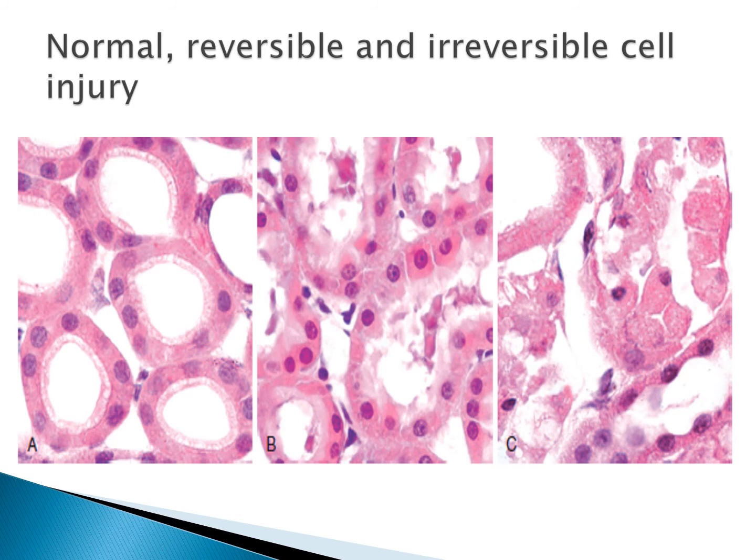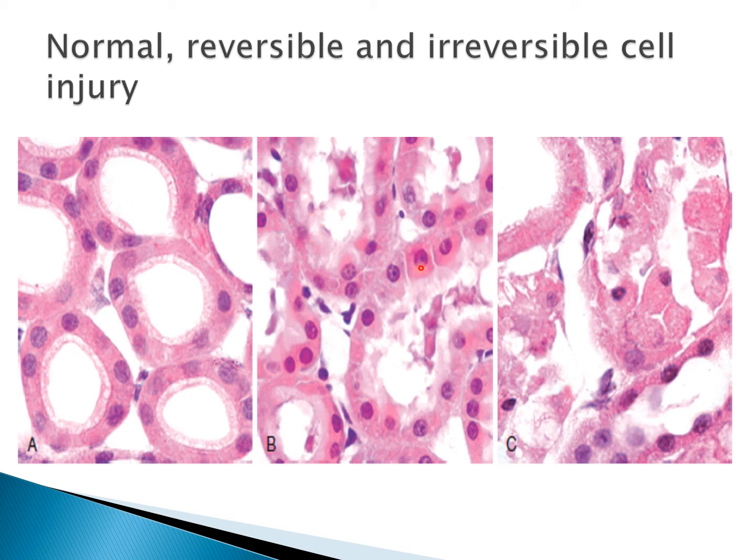So you can see here at the microscopic level, this is a section from the kidney to compare the normal kidney tubules with the reversibly injured tubules and irreversibly injured tubules. Normally, you can see here the cells with the nucleus inside. Here in reversible injury, as we said, the main change is cellular swelling and the hydropic change. So most of the cells have white vacuoles inside the cytoplasm corresponding to increased amount of water.